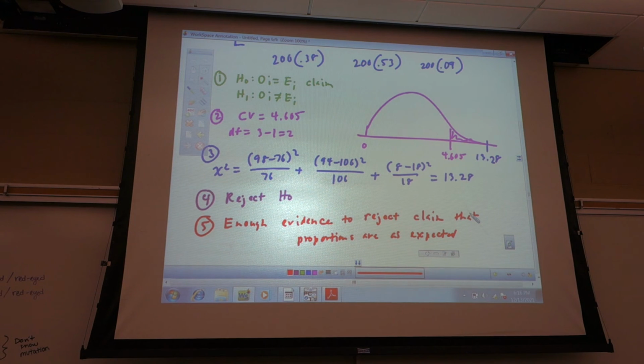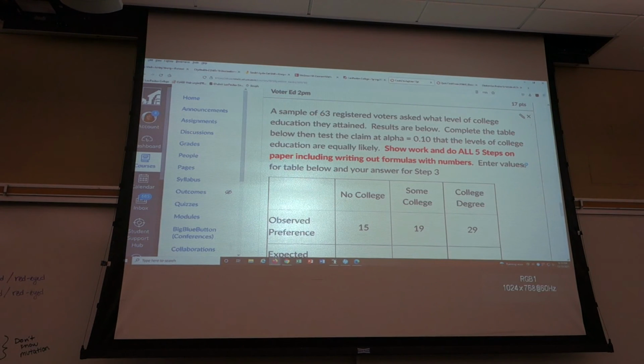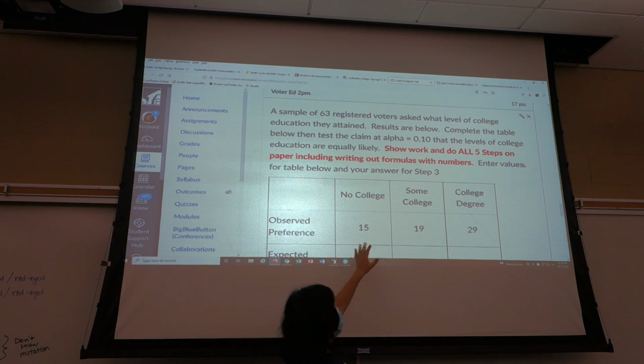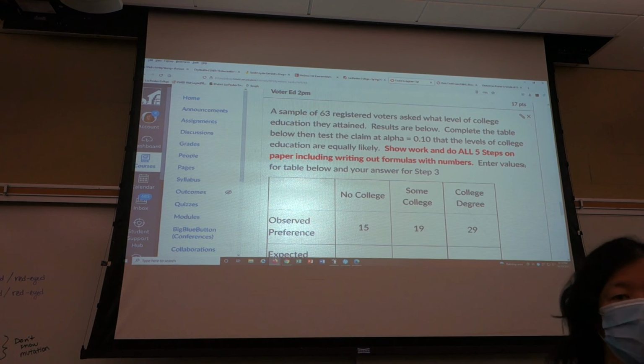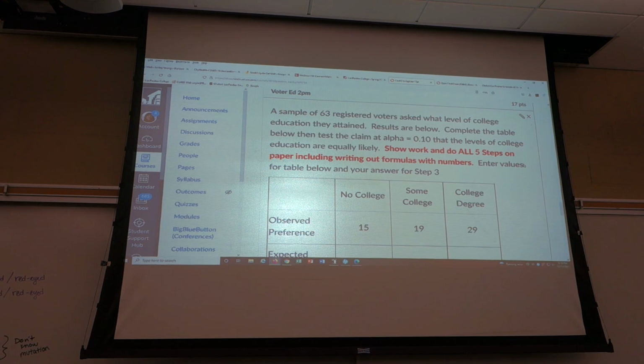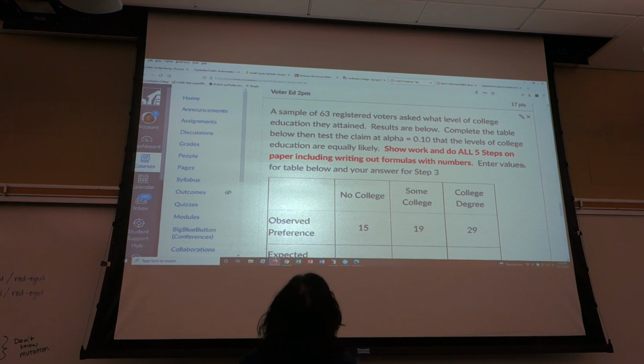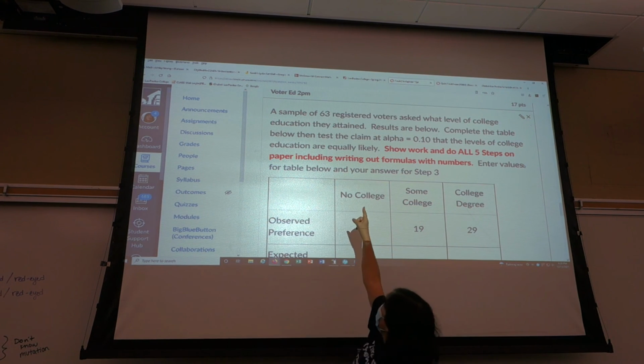Okay, great. Let's take a look at another one. So here, I would like everybody to just compute the expected values. What are the expected values? So these are blank. Fill them in. How do we find these ones? Well, they didn't give me any percentages, but they did say equally likely. Everyone see the equally likely up there?